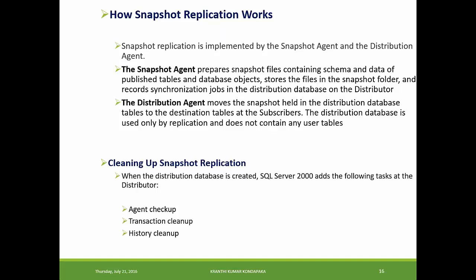Other than those two jobs, it will create other SQL jobs called agent checkup, transaction cleanup, and history cleanup. These jobs are used for maintenance of the replication process. If any transactions are outdated, or particular history crossed a particular deadline, then it will clean up the transaction and historical data.